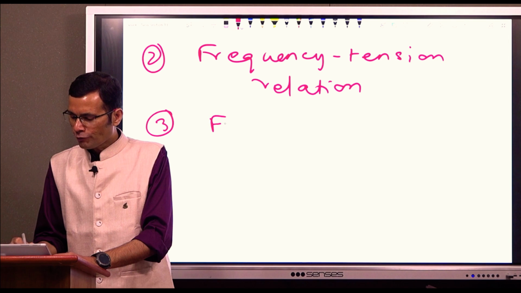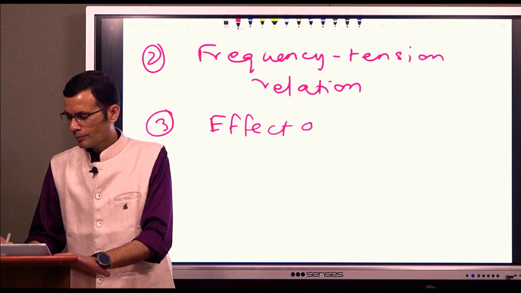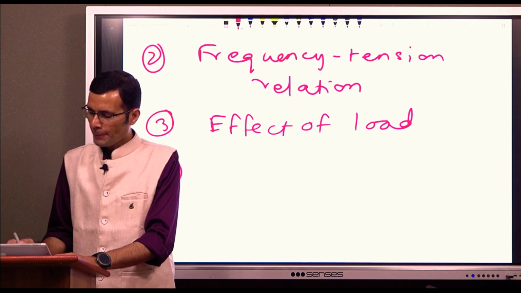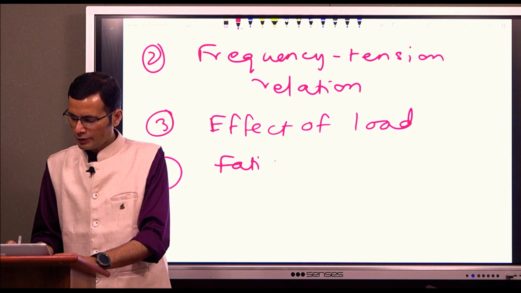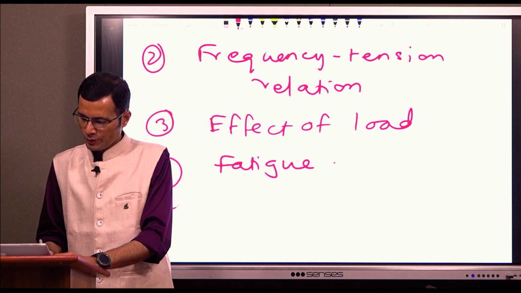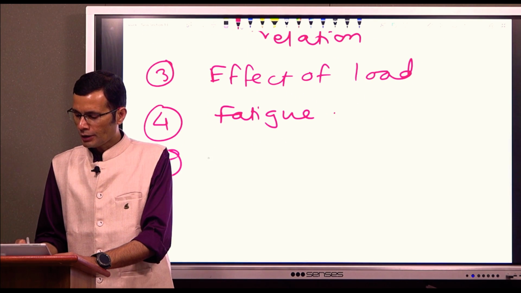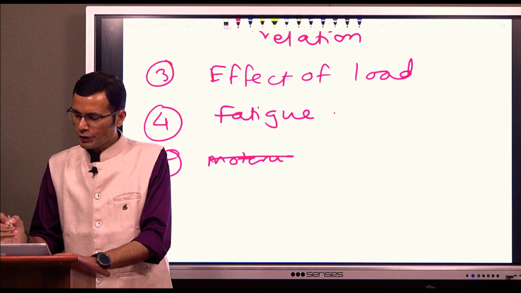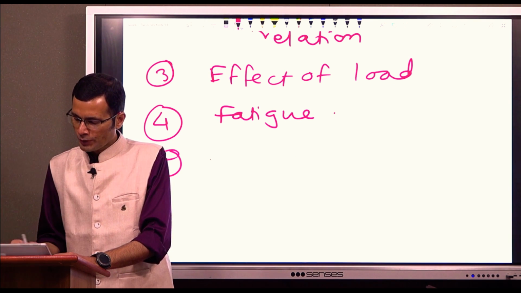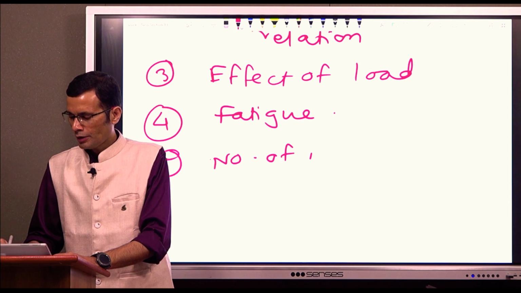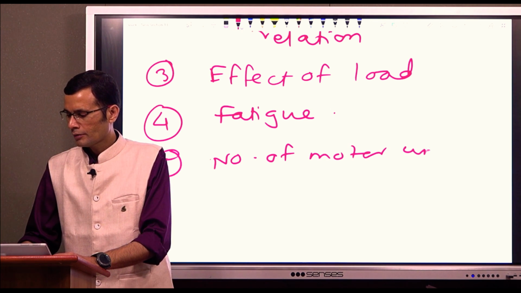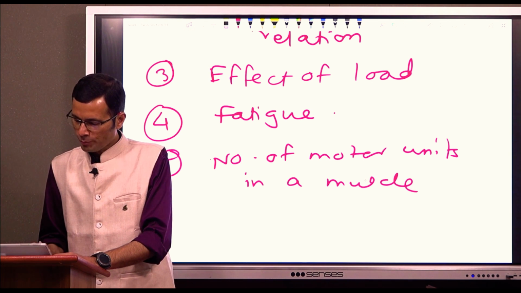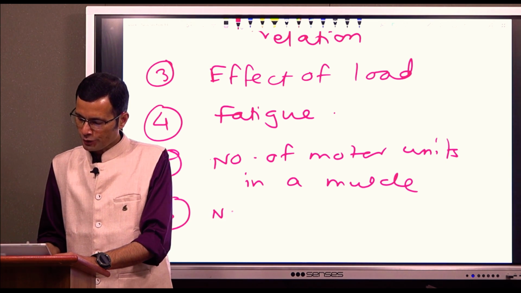Then the effect of load on the strength of contraction. Then fatigue, and then the number of motor units in a muscle, and the number of muscle fibers in each motor unit.